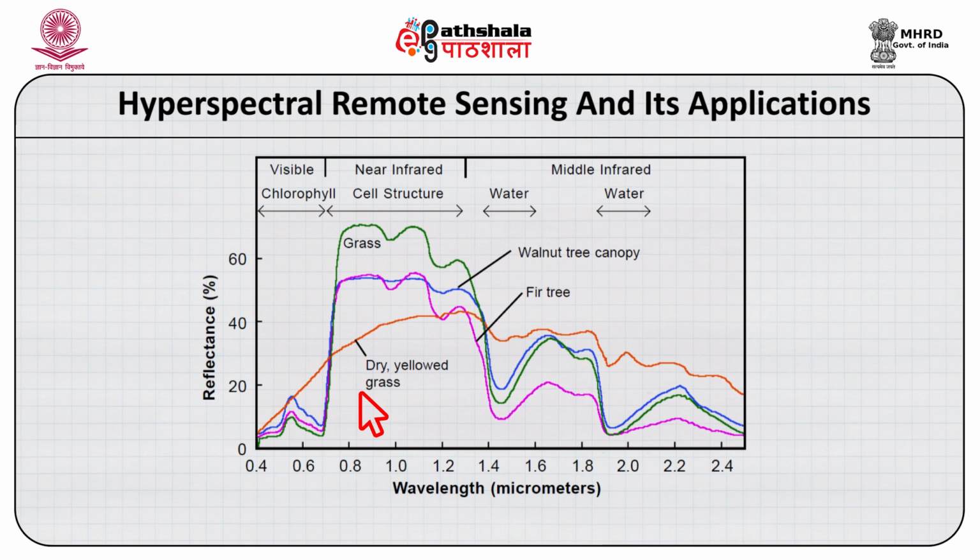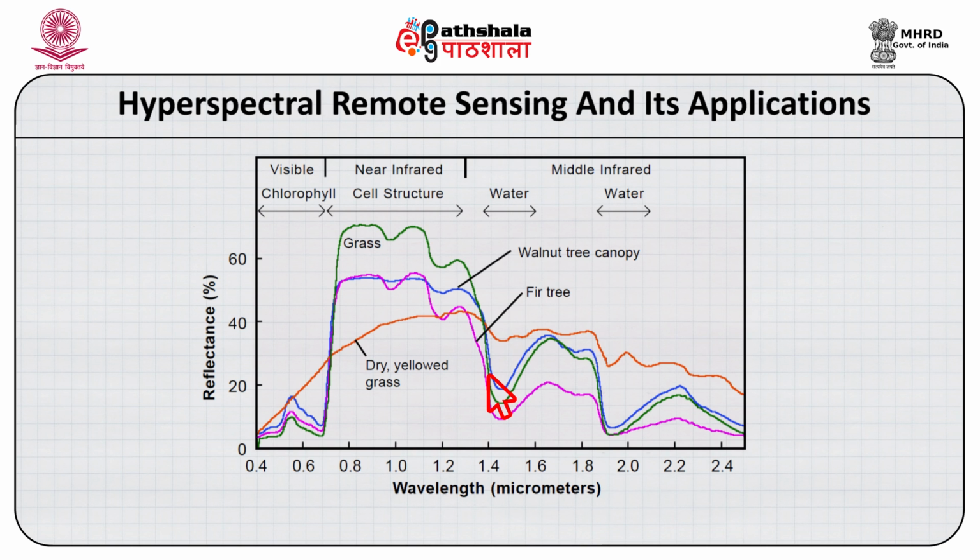The dry yellow leaf has a different reflectance on the left side, in the near infrared region, then we have the grasses, then the walnut tree canopy, then the fir tree. If you go to the 1.4 micrometer infrared region, there is a very clear-cut differentiation between fir and walnut. But at 1.4 micrometer, the separability is less.